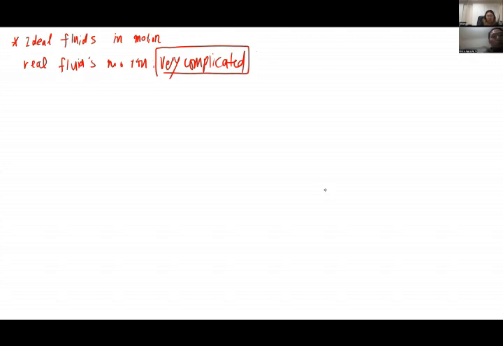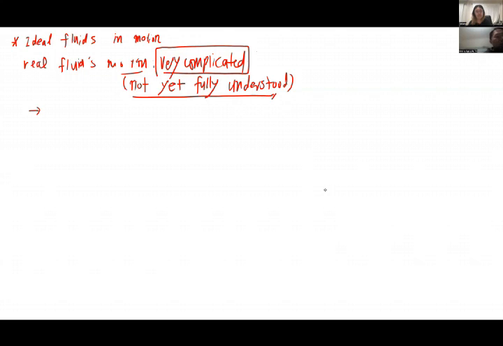Because of that, even in modern times, it's not fully understood. The complexity is unsolvable by a simple model, so we have to set up an ideal fluid to simplify the dynamics.